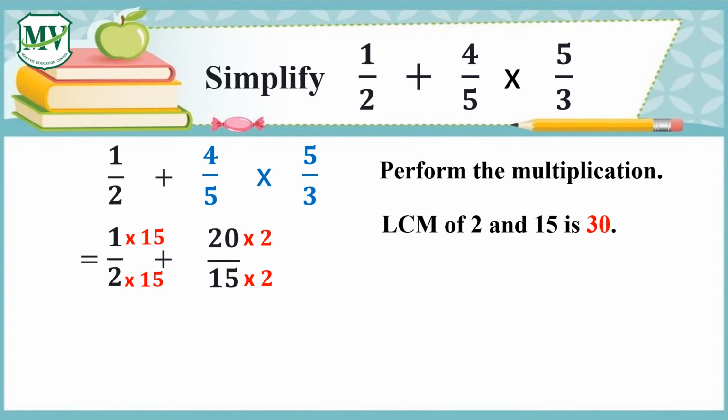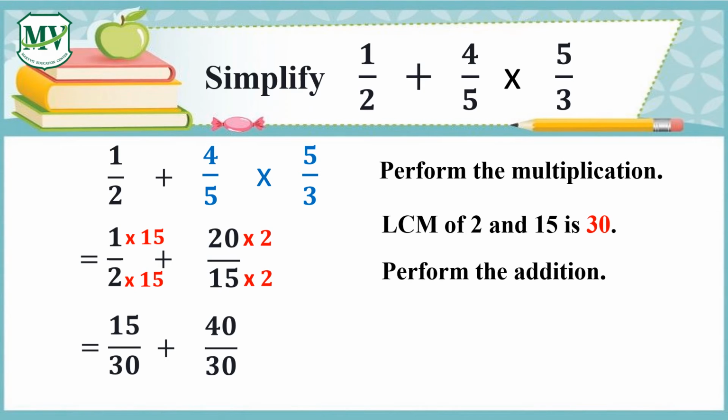What do you think is the answer? We have 15 over 30 plus 40 over 30. Next, perform the addition. What do you think is the answer?